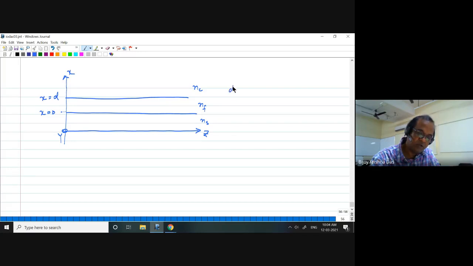The three equations for TE polarization. For TE polarization, we have E equal to X component 0, Y component is there, and Z component 0, and magnetic field equal to Hx, 0, Hz.